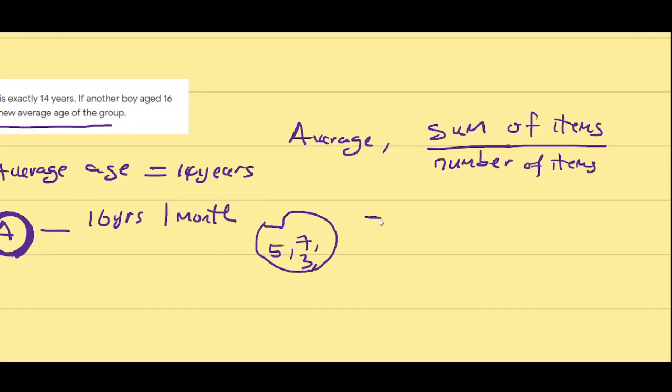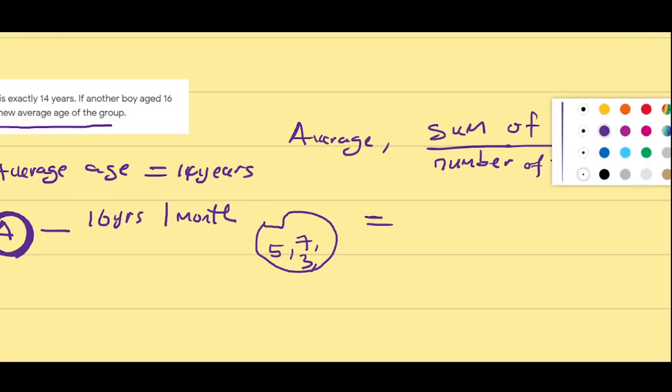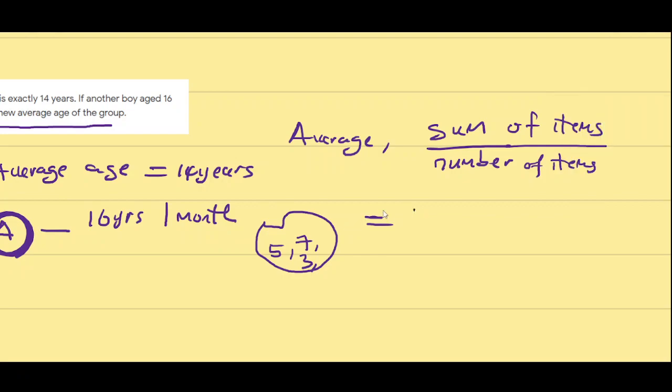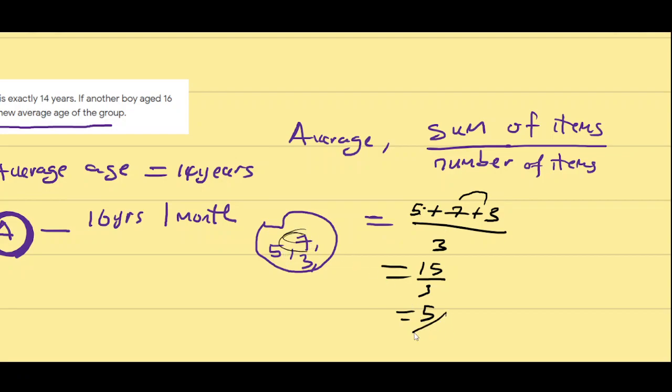Just like our formula says, we take the sum of the items, which is 5 plus 7 plus 3, and we have 3 items. 5 plus 7 is 12, plus 3 is 15, all divided by 3. So of course this is 5. So the average number in this box is 5.